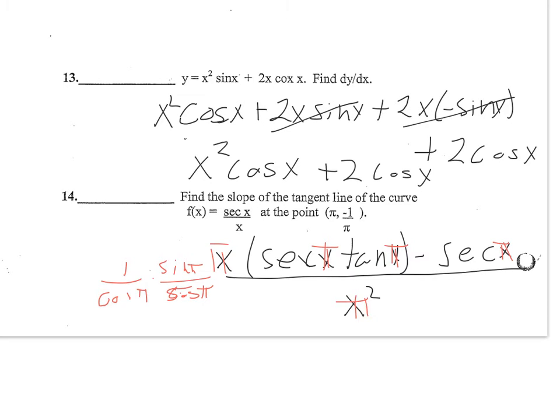Well, at pi, cosine is negative 1, so that means this is a negative 1 right here. Tangent of pi, well, sine is 0, cosine is still negative 1, so that means this is 0. So this whole thing goes away because you're multiplying everything by 0, so it doesn't matter. Okay, secant x, this is negative 1, and so there's a negative sign there. And so that makes that a positive 1 all over pi squared.